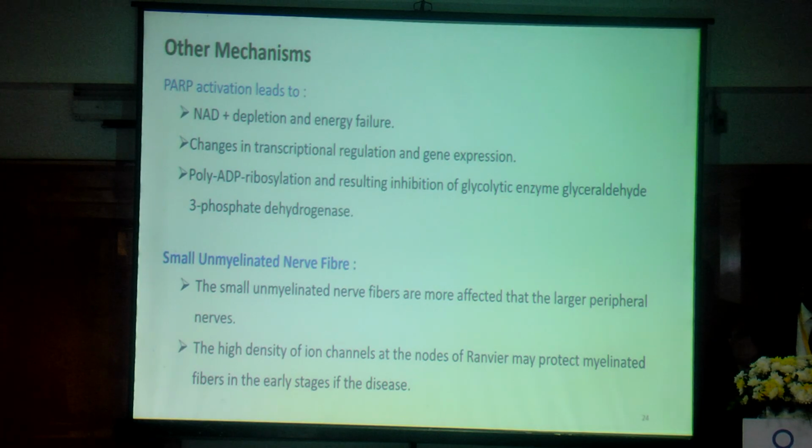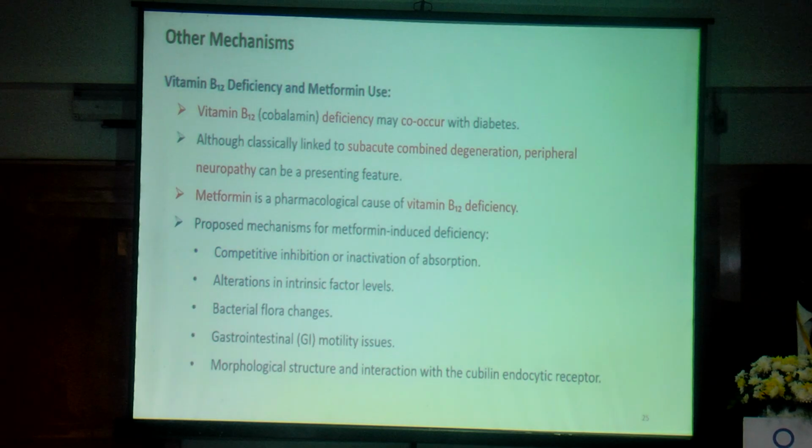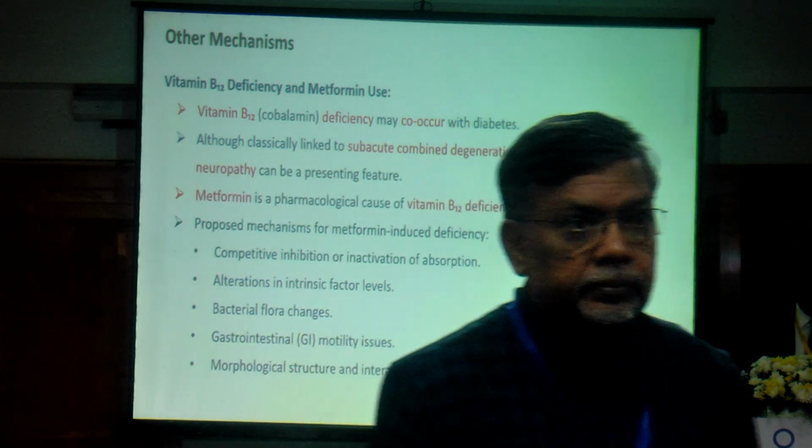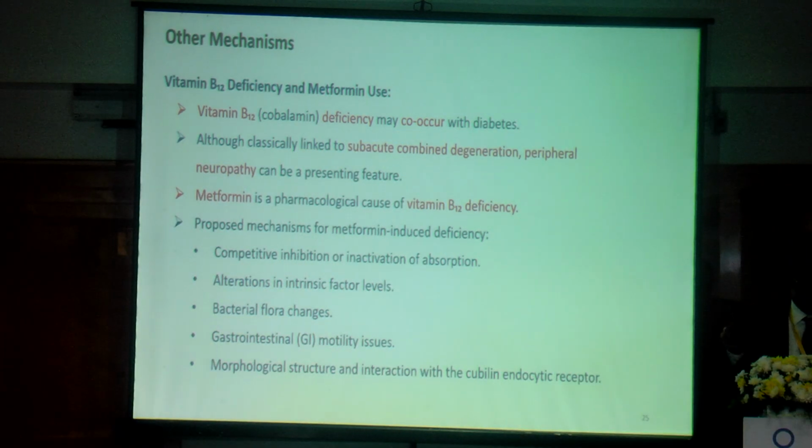And there are small unmyelinated nerve fiber damages also that occur in the peripheral neuropathy. And in day-to-day practice, you know the vitamin B12 deficiency, and even with metformin use, you can see vitamin B12 deficiency may co-occur with diabetes. Although classically linked to subacute combined degeneration, peripheral neuropathy can be a presenting feature of B12 deficiency. And metformin is a pharmacological cause of vitamin B12 deficiency.